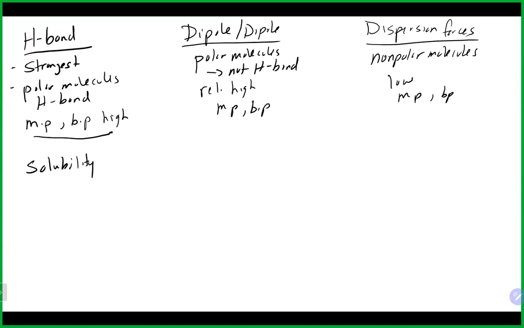We saw that, for example, when we did the halogen experiment. We had different layers in the test tube. The top layer was the organic layer, which is nonpolar and using dispersion forces. The bottom layer was the water layer, which is using hydrogen bonding. So they basically separate and can't mix together.